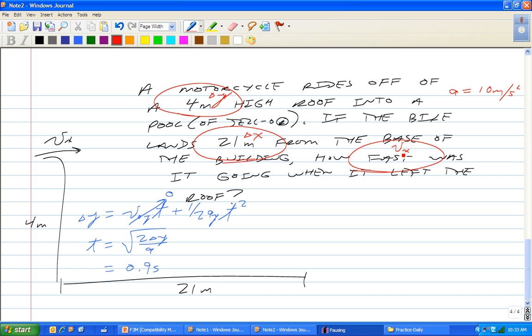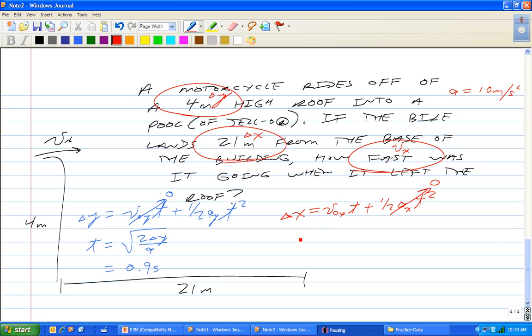But then I'm trying to find a speed when I have a distance. I still use the same relationship, right? I know that delta x is the initial horizontal velocity times time plus 1/2 the horizontal acceleration times the time squared. Any of those terms go to 0? Yeah, again, there's no acceleration because there's no force in the x direction.